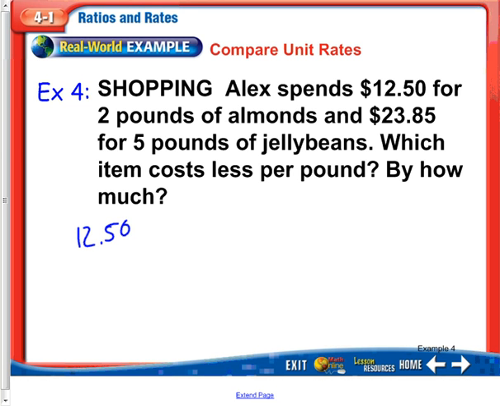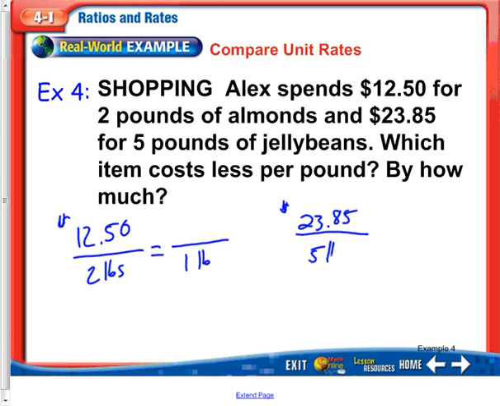So we have $12.50 per 2 pounds. We know we want to get that to 1 pound so we can really compare apples to apples. And then we have $23.85, and that was for 5 pounds.